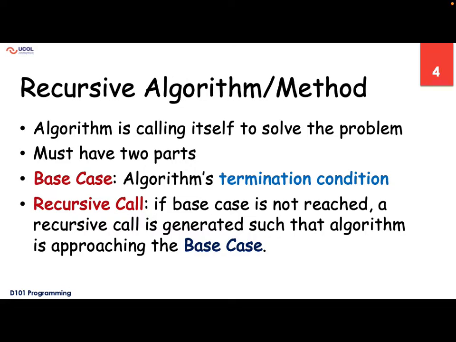So, it must always have two parts. Recursive functions, recursive methods, whether it's a mathematical equation or whether we are going to implement that thing, we always have a base case, just like factorial of 0 is 1. It means when we reach 0, we don't need to call the same method again.